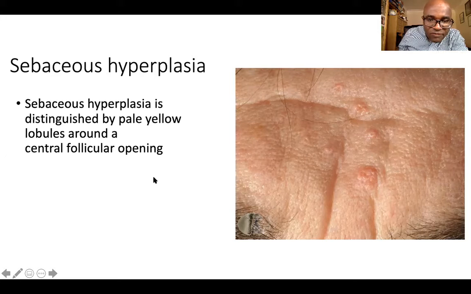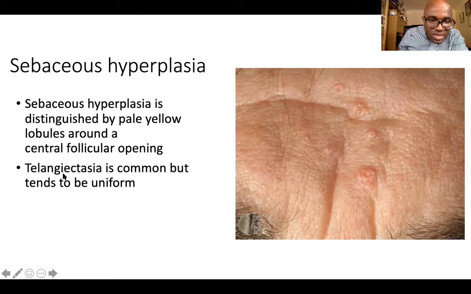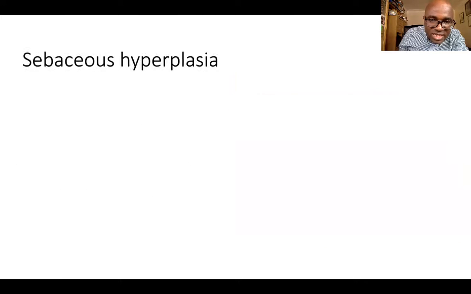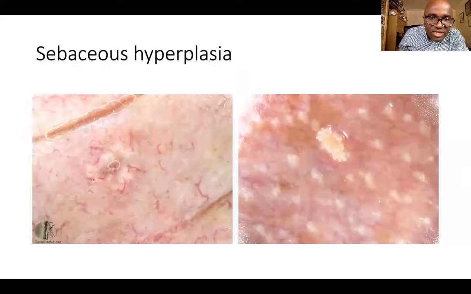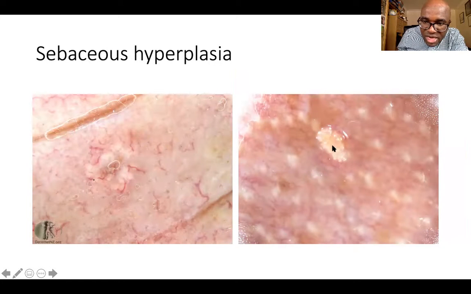In dermoscopy, you see a bit of telangiectasia, tending to be uniform, crown-like vessels on the edges, and this is sebaceous hyperplasia. This is the creamish or whitish area in the middle. Again, this typical lesion shows that whitish area in the middle, and you can see the vessels there.